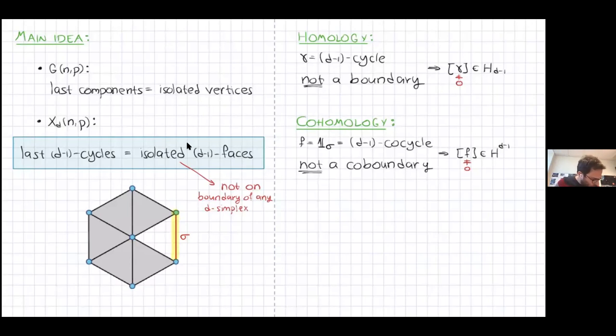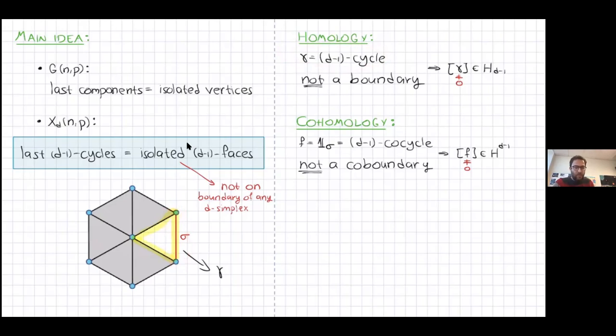From the homology angle, you can look at this cycle I marked in yellow on the left. Maybe I'll denote it by gamma. This is a one-dimensional cycle in the picture, or in general, d-1. And it's not a boundary of anything, for the simple reason that this face is not on the boundary of something.